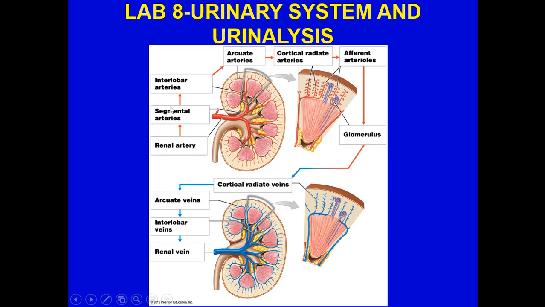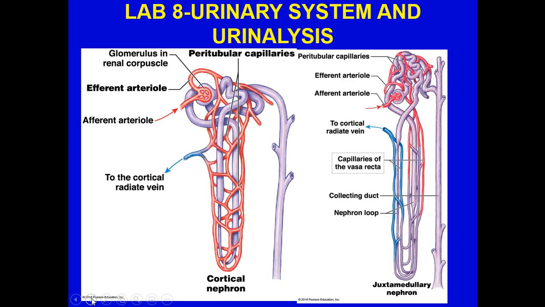As you can follow through in this diagram here: renal artery, segmental artery, interlobular artery, arcuate artery, cortical radiate, afferent arterioles, glomerulus, and of course then you have the efferent arterioles and eventually the cortical radiate veins, arcuate veins, interlobular veins, renal vein. Very nice.